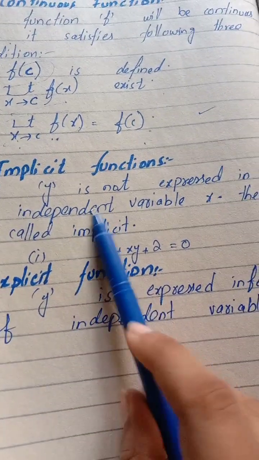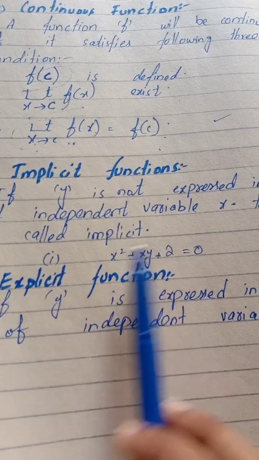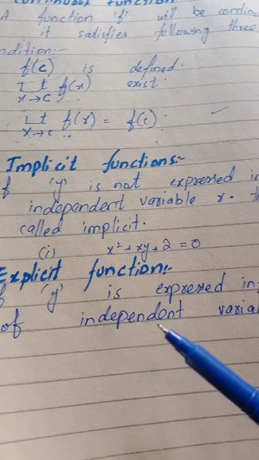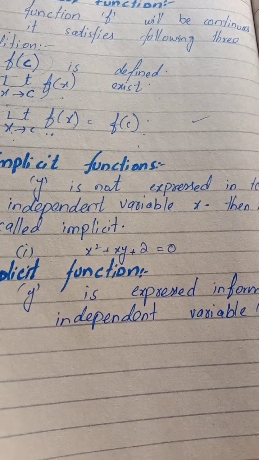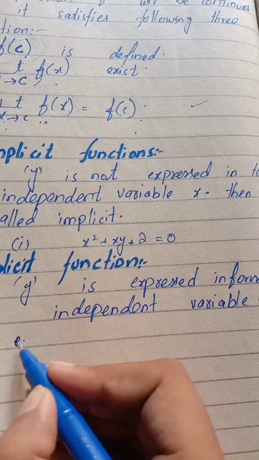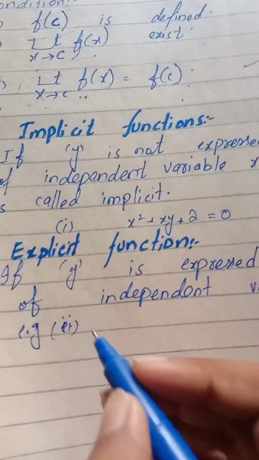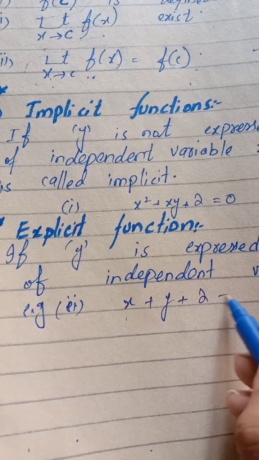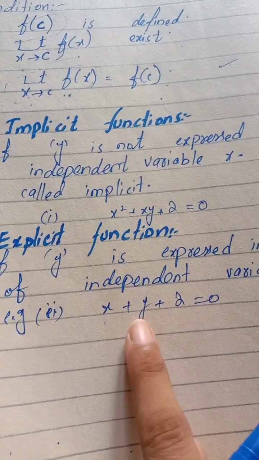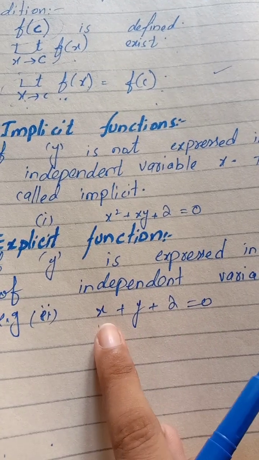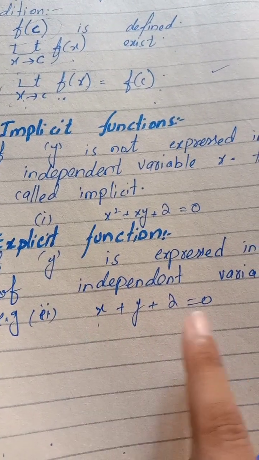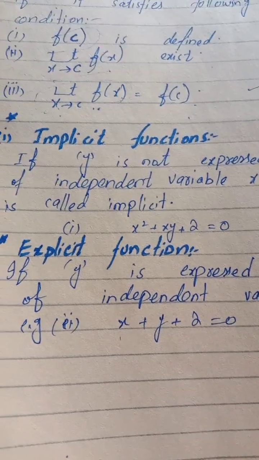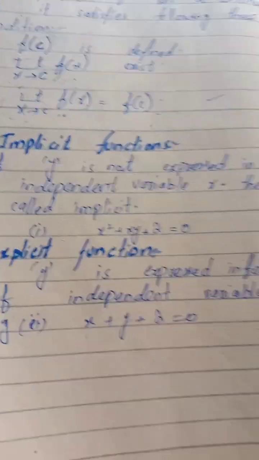If y is not expressed in terms of x, then it is implicit. If y is expressed in terms of x, then it is an explicit function. What is its example? Like x plus y plus 2 is equal to 0, a simple equation. We can easily find the value of y in terms of x. Then this is called an explicit function. I hope you understand.